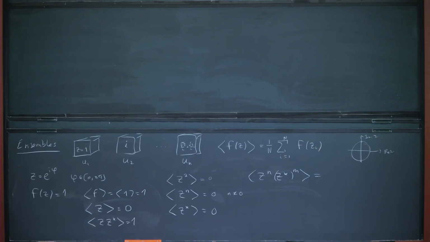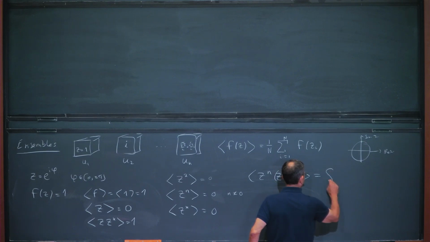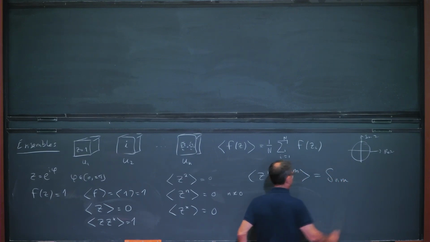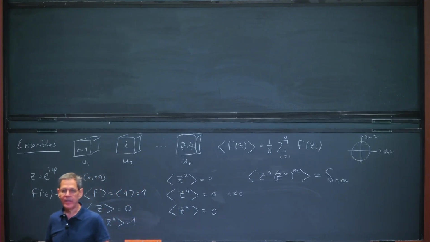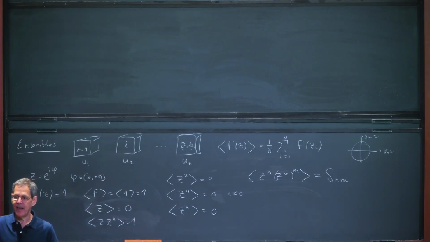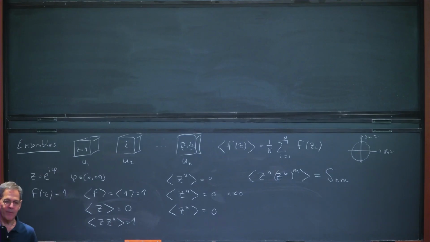So what's the general answer? You've got to handle the n equals m case also. You're drawing it correctly in the air. Can you just tell me? Thank you. It's a Kronecker delta of n and m. As long as n is equal to m, we get 1, because, of course, e to the i n phi times e to the minus i m phi is e to the i (n minus m) phi.